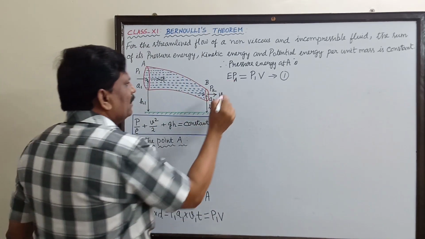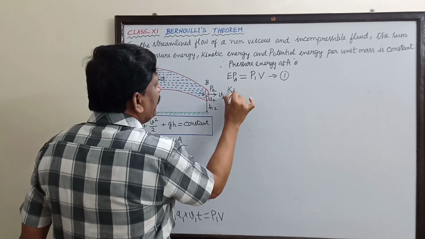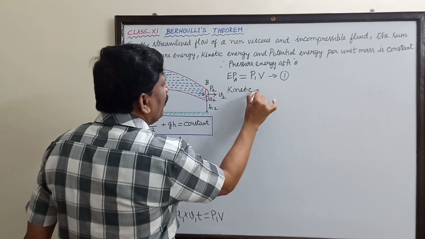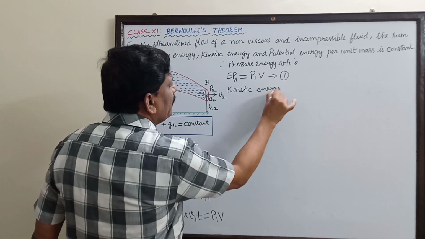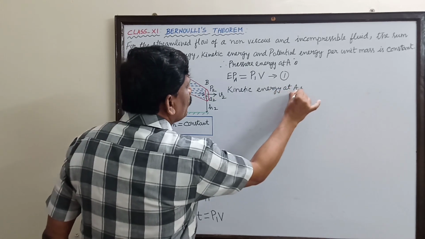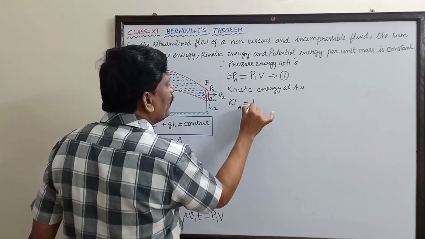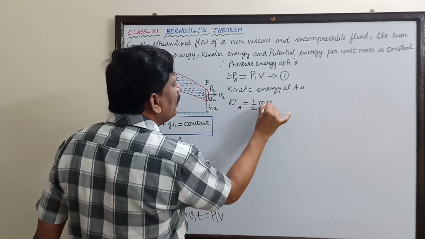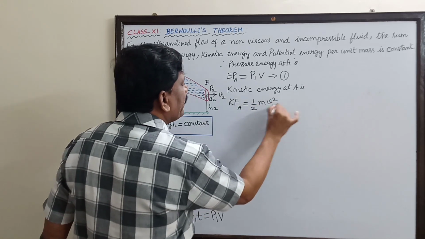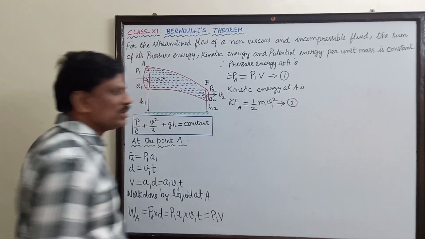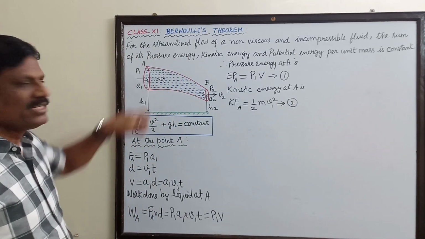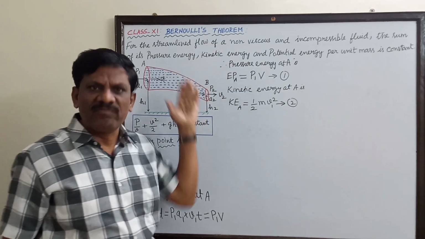Next, the kinetic energy of the entire mass of the liquid at A. This is given by KE at A is equal to half m into V1 square. So this is equation 2. V1 is the velocity of the liquid, m is the mass of the liquid flowing in that time.